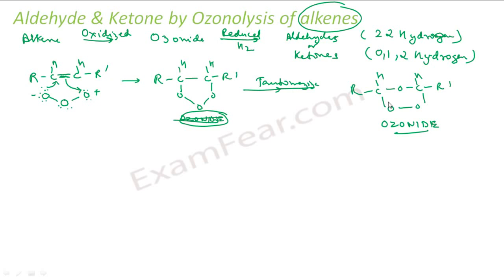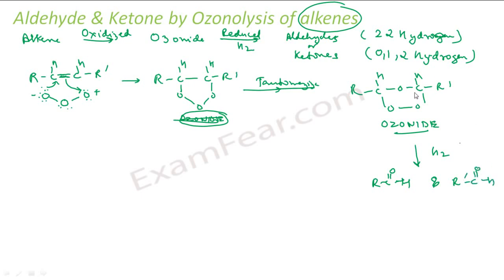Now on this, I'll reduce it with hydrogen or zinc. With this, what you get is R, C, double bond OH, and R dash, C, double bond OH.